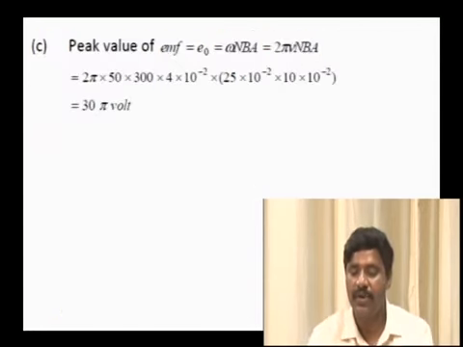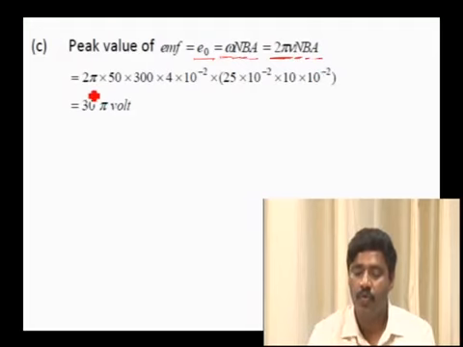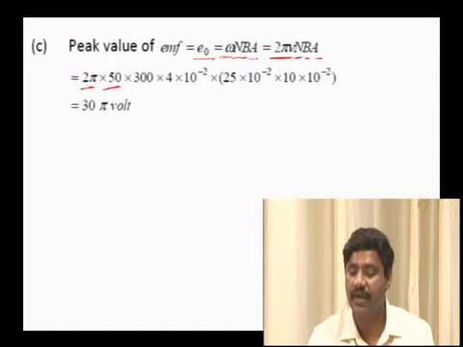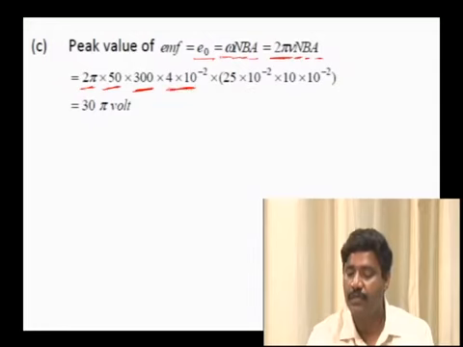It can be obtained by the formula E naught is equal to omega n B A, where omega is 2 pi f, that is the angular frequency, n the number of turns, B the magnetic field, and A the area. So omega is 2 pi into f, where f is 50 cycles per second. N is the number of turns, 300. The magnetic field is 4 into 10 power minus 2.